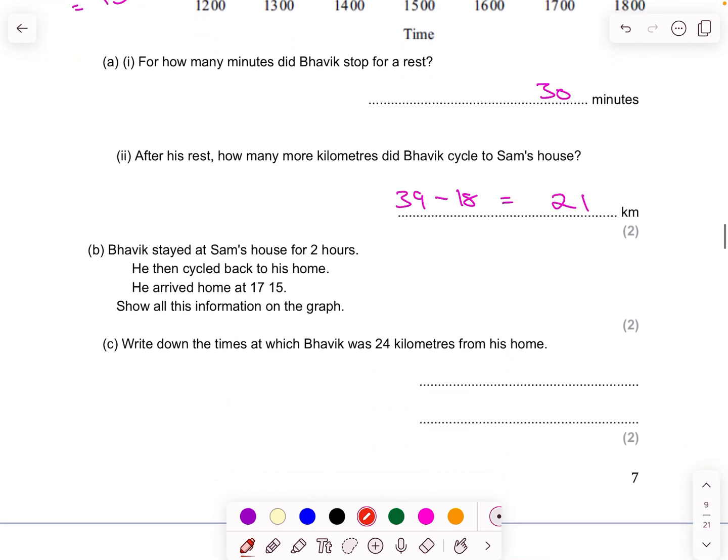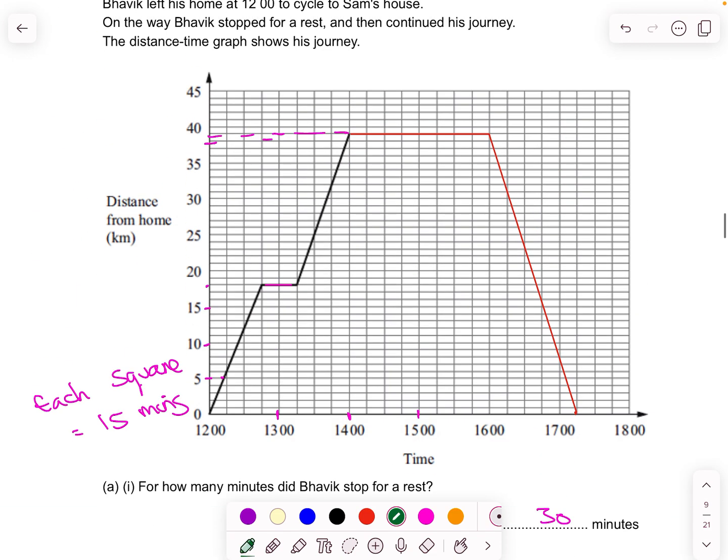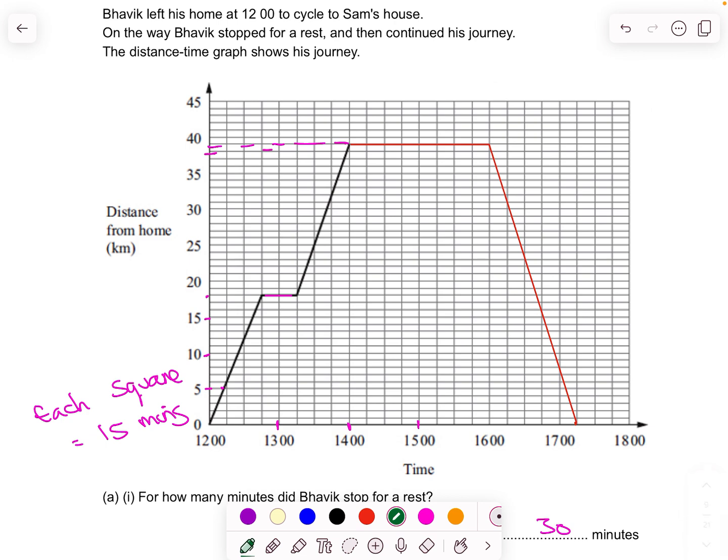Then it says, write down the times at which Bavik was 24 kilometres from his home. Again, you can just read it off on the graph. So 24 kilometres would be here. There are 2 times he is 24. Here and here, he is 24 kilometres away from home.